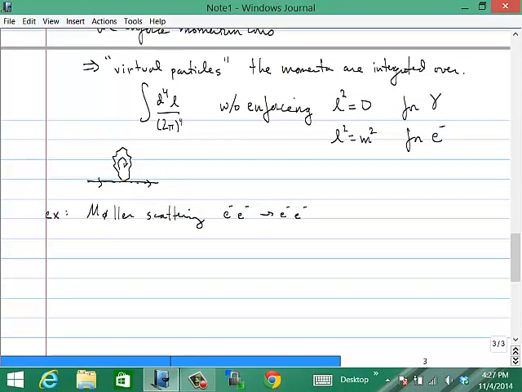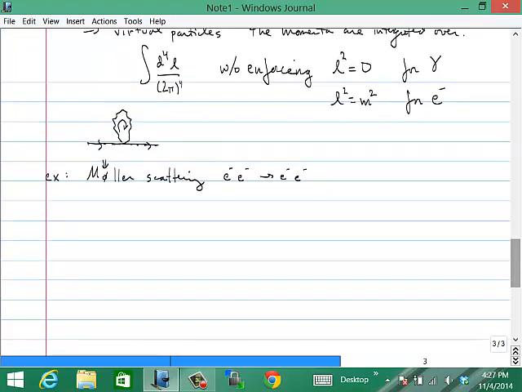I'm never quite sure how to pronounce it, that's an O with a slash through it. Now, of course, if the electric charge is set equal to 0 and we're in a free theory, then this is trivial. This is just computed by Wick's theorem.